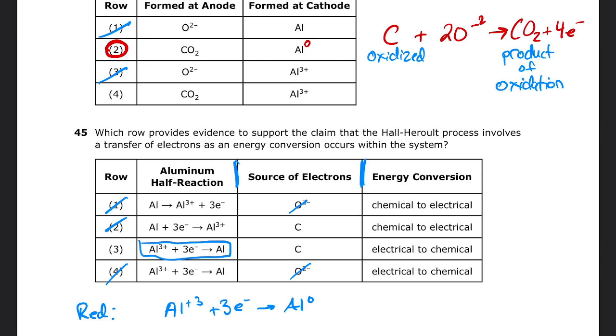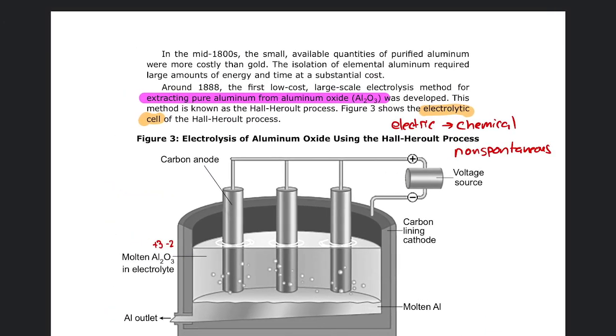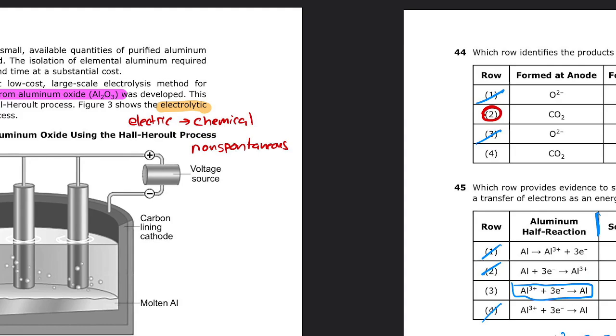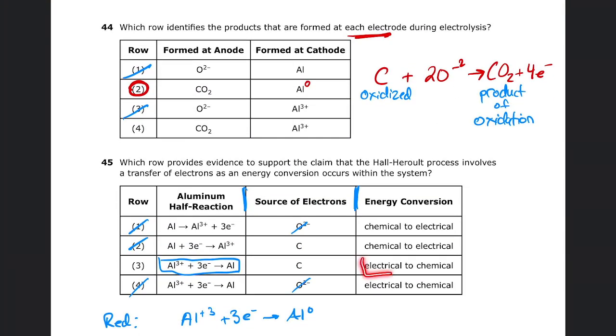But if we want to assess the other criteria, remember back in the passage we underlined that figure 3 shows an electrolytic cell, and we said that electrolytic cells have a conversion of electric to chemical energy. This matches up for choice 3. Right here for choice 2, chemical to electric, that is describing a voltaic cell, which this is not. So our answer is going to be choice 3.